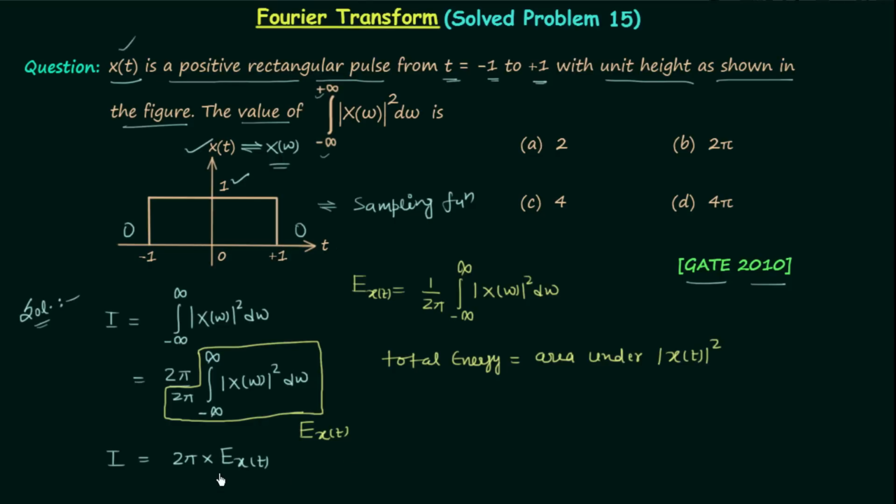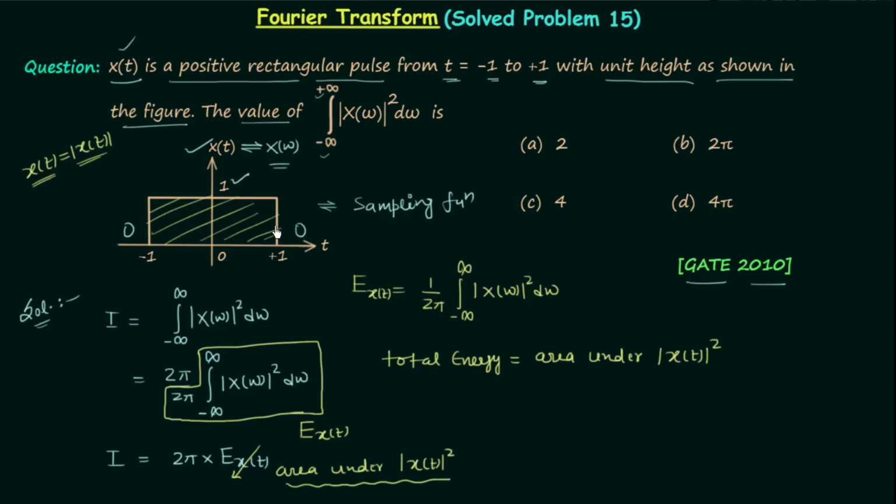So in place of total energy of x(t), we can write area under |x(t)|^2, and we can calculate the area under |x(t)|^2. We are having the waveform of signal x(t), and from here it is clear that x(t) will be same as |x(t)|. So area of |x(t)|^2 will be same as area of x(t). We can calculate this area.